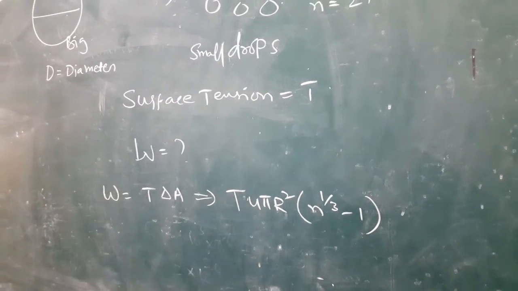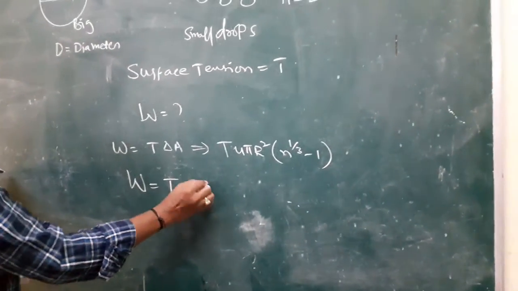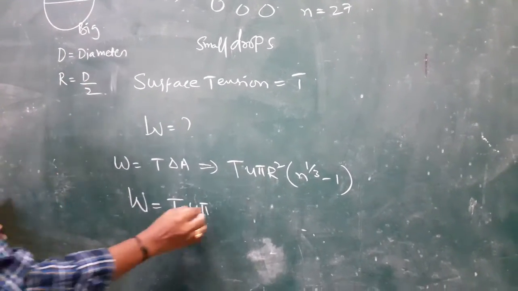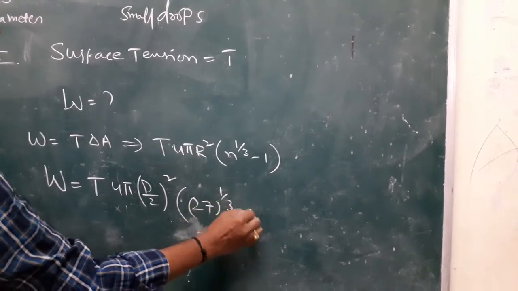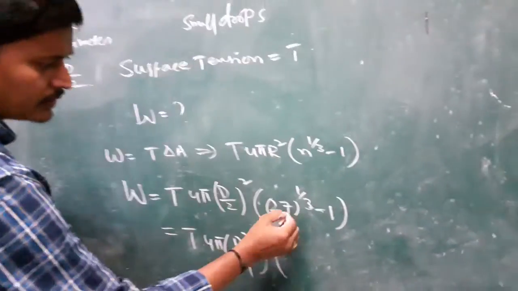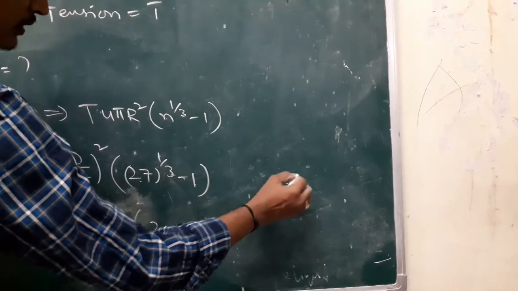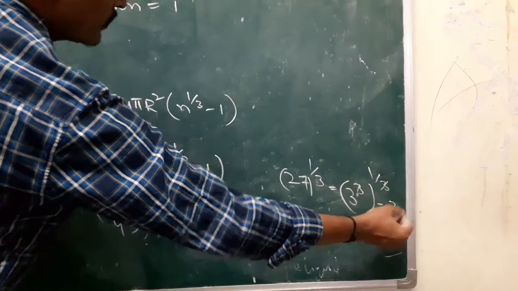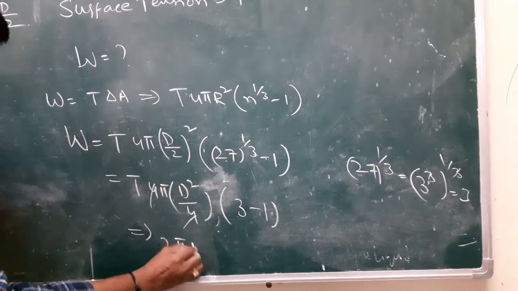Radius is diameter by 2, so it is T into 4 pi into D by 2 whole square into 27 to the power of 1 by 3 minus 1. Since 27 to the power of 1 by 3 is 3, the result is 2 pi T D square.